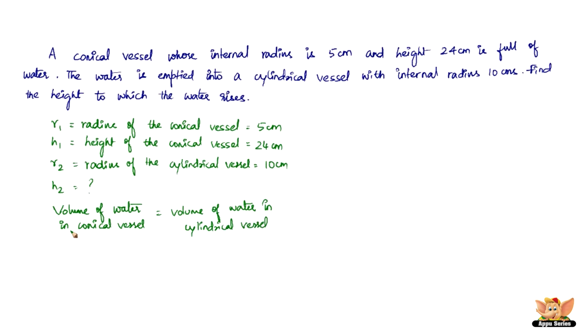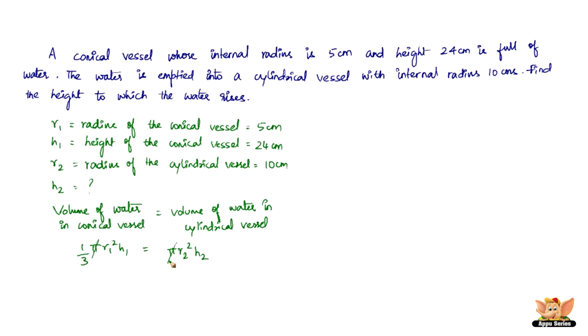So what is the volume of a cone? That is 1 by 3 pi r square h. So in that case, it's r1 square, then we've got h1, because that's the notation that we've given. So the volume of water in the cylindrical vessel is going to be pi r2 square h2, right?